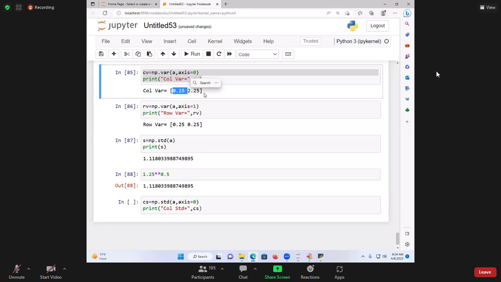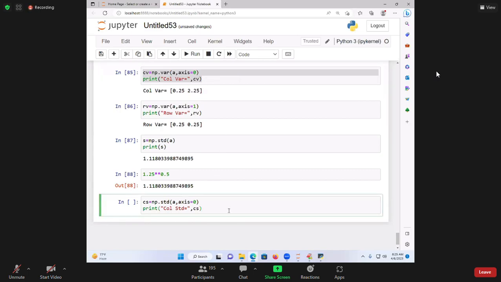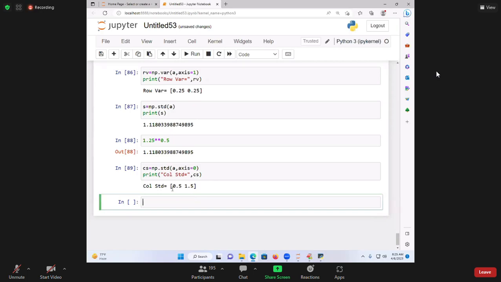The square root of 0.25, the square root of 2.25. The square root of 0.25 is 0.5. The square root of 2.25 is 1.5. So, see students, 0.5 and then 1.5, the square root of 2.25.